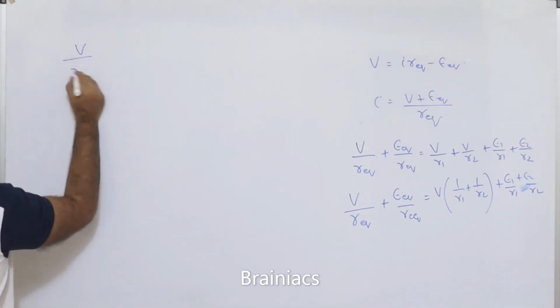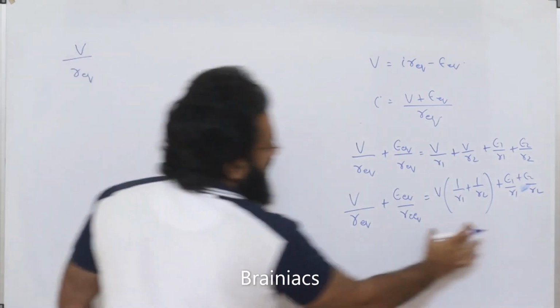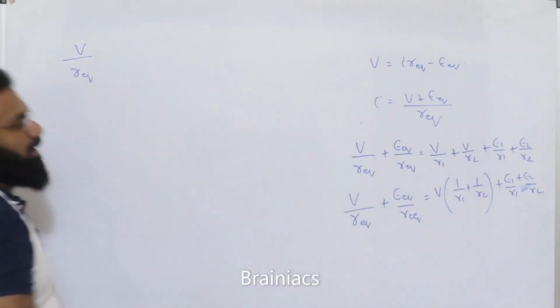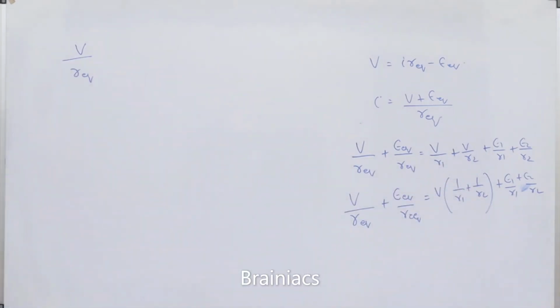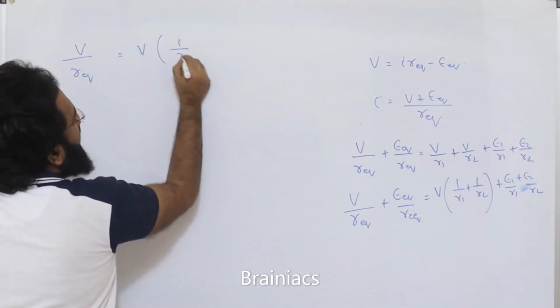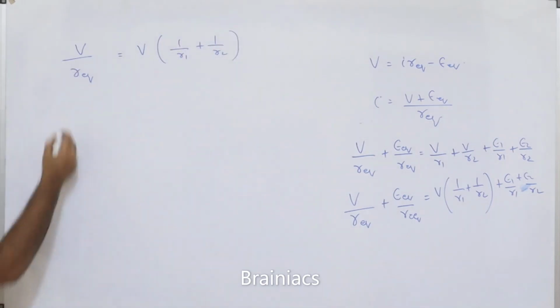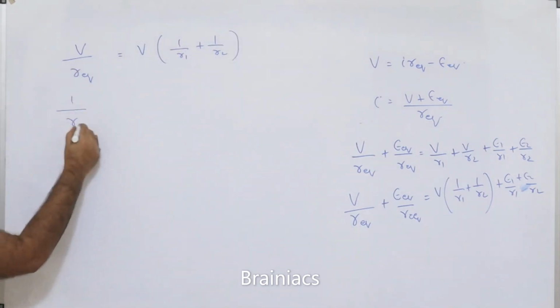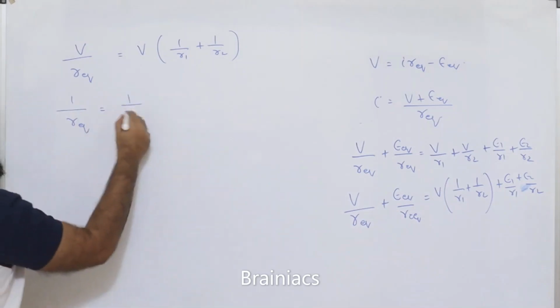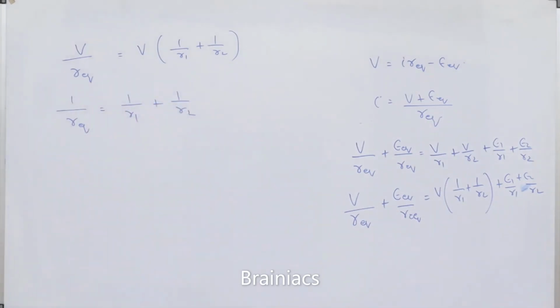V by R equivalent, we will compare this term and this term. Okay, the V terms we will compare. So this is equal to V into 1 by R1 plus 1 by R2. So V and V will get cancelled off. We will be getting 1 by R equivalent is equal to 1 by R1 plus 1 by R2. So this is the R equivalent formula we can take.